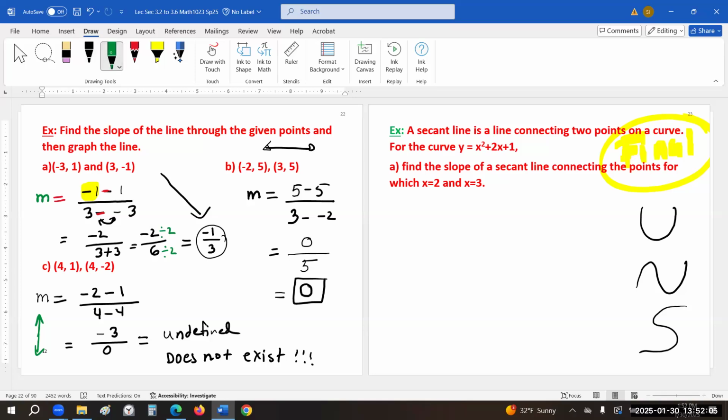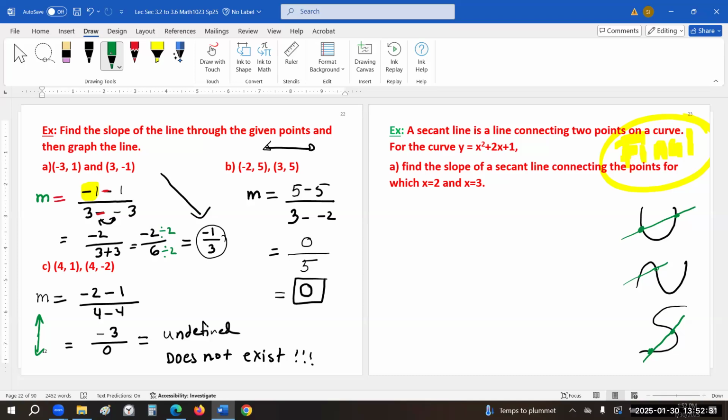For example, you may have 1 point here, 1 point there. The line that goes through any 2 points is called secant line. Same thing here. You can connect a point and a point there. So this is a secant line, okay? So a secant line is a line that connects 2 points in a curve.